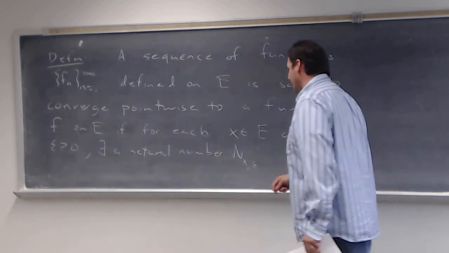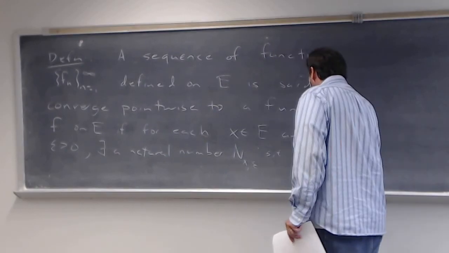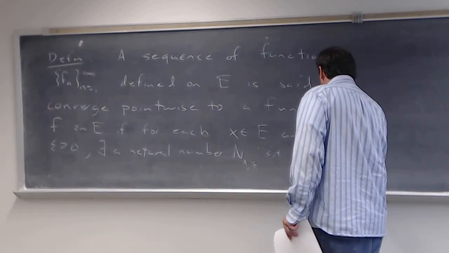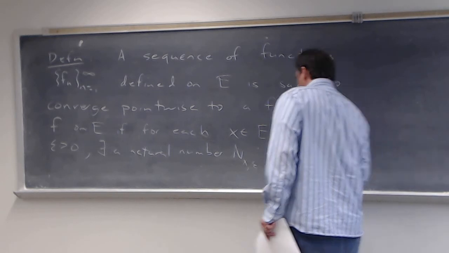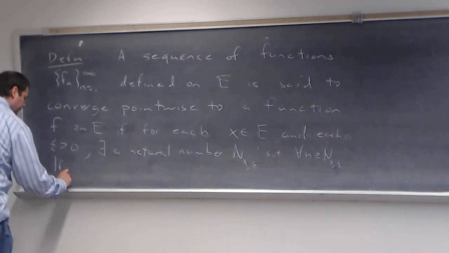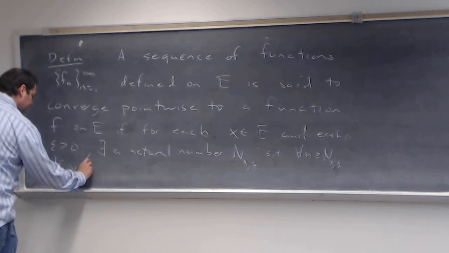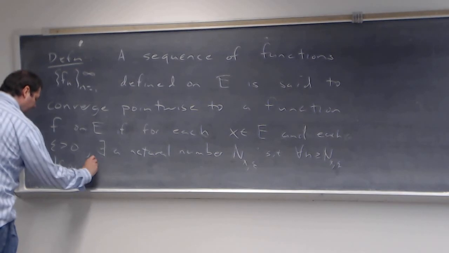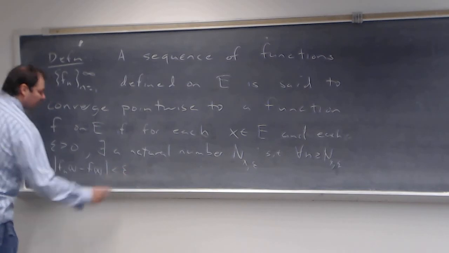So the N depends on x and epsilon, such that for all n bigger than or equal to this big N sub x comma epsilon, the absolute value of f sub n of x minus f of x will be less than epsilon.